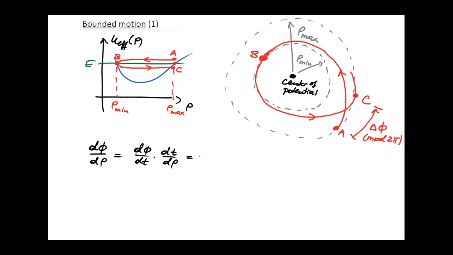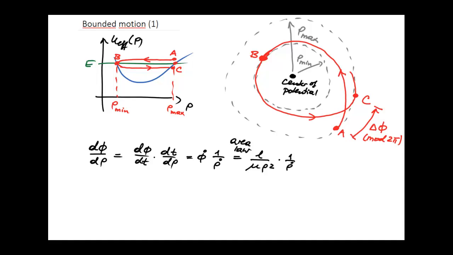Well, the first factor, that's phi dot. The second factor, that's 1 over rho dot. We can use the area law to express phi dot as L over mu rho squared, and then we still have 1 over rho dot.